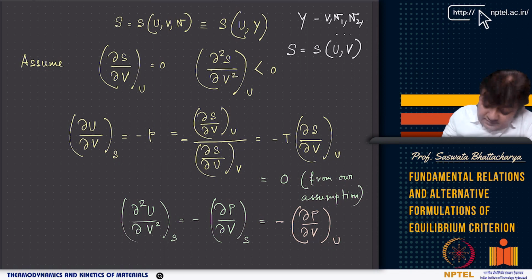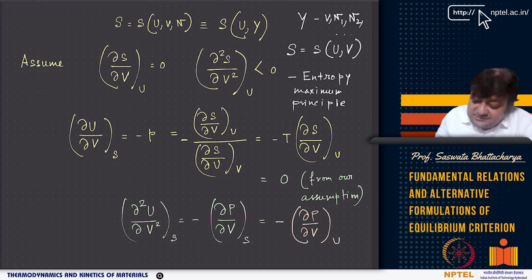Now we know that del U del V at fixed S is equal to minus P. Assuming the entropy maximum principle for a given internal energy, I want to prove that it leads to the energy minimum principle.